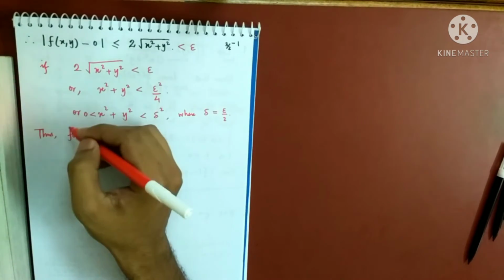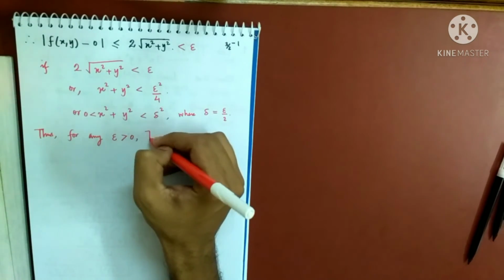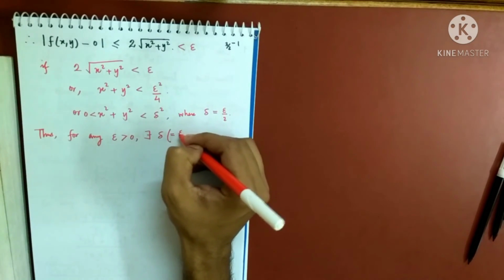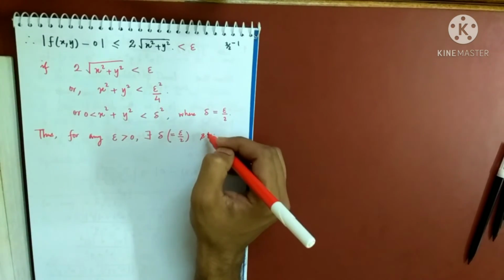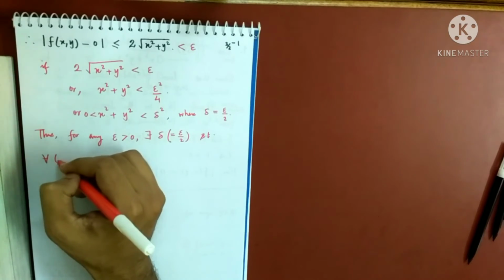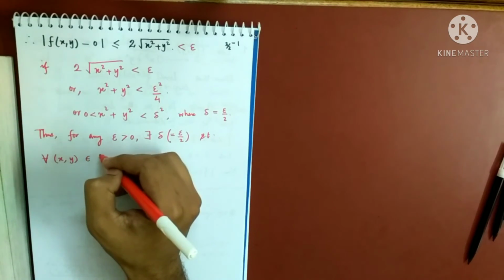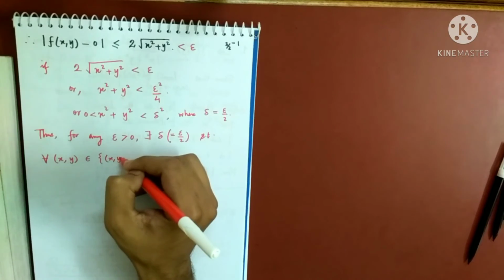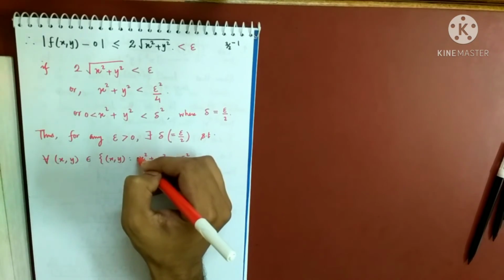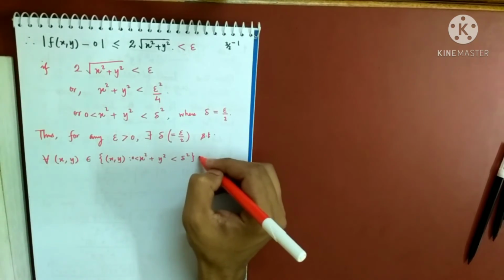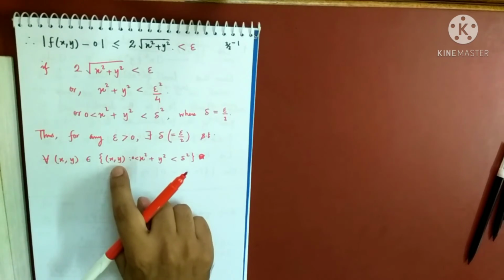Thus for any epsilon greater than 0, there exists a delta, which is nothing but epsilon by 2, such that for all x comma y belonging to this set, x comma y such that x square plus y square is less than delta square and greater than 0 also, intersection the domain, and the intersection with the domain will be this only because the domain does not have 0, 0.